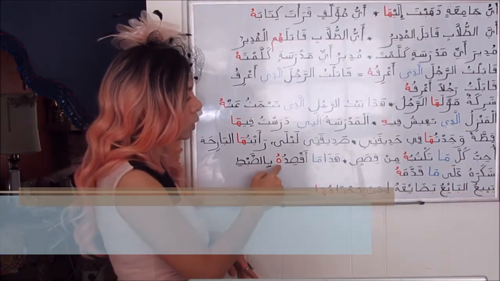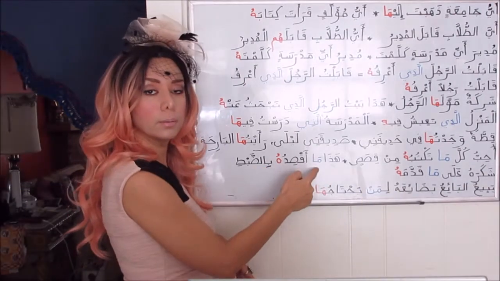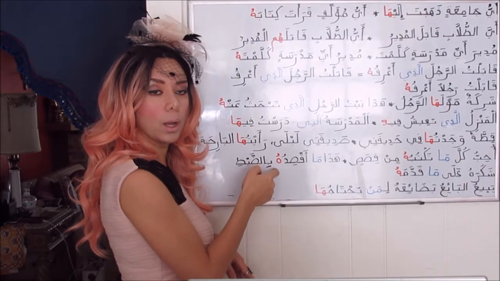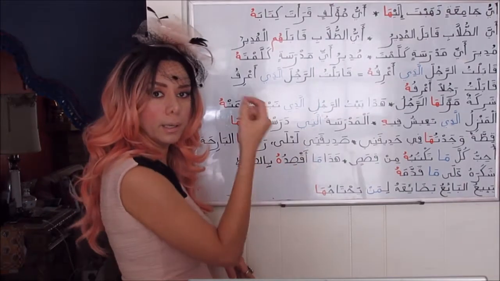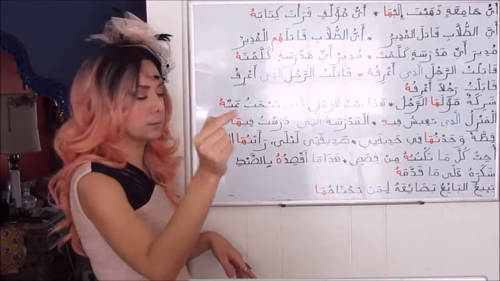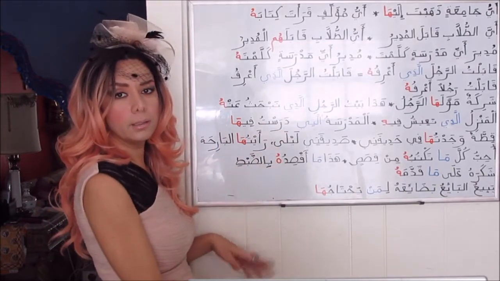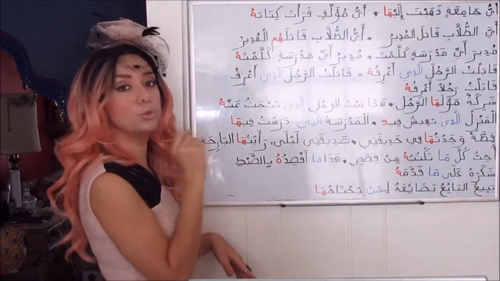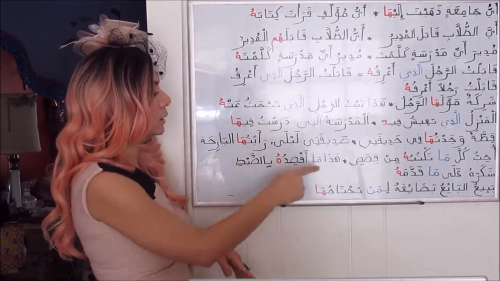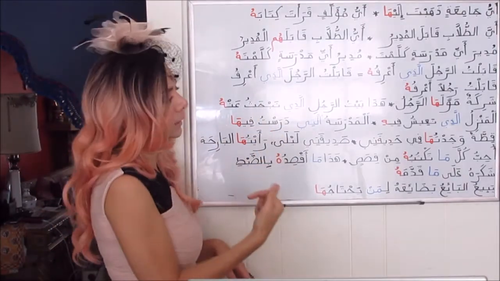And who, referring to ما, matching who. أقصده. This is exactly what. So what is undefined? That's why we have to use who. This is exactly what I mean.